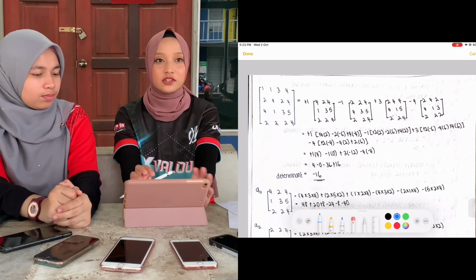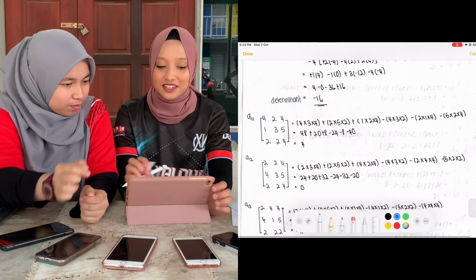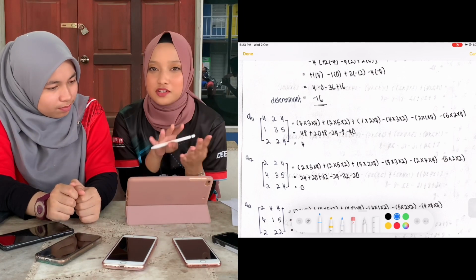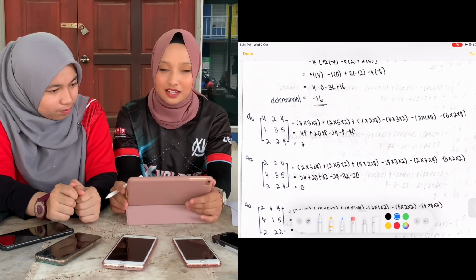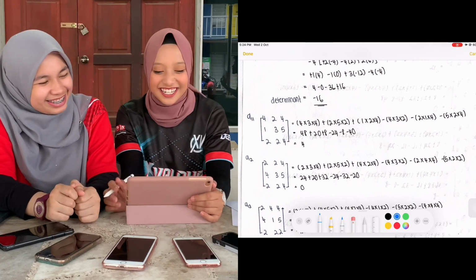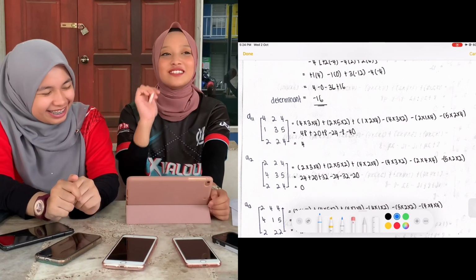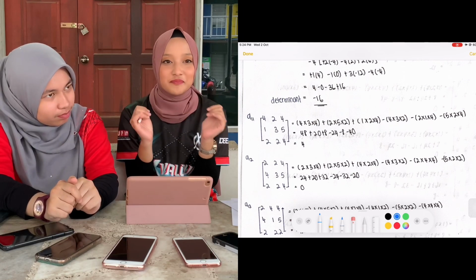After we have found the determinant, we have to find the cofactors. In these matrices, because we are doing 4x4 matrices, we have to find A11 until A44. It's a bit complicated, but you can do it. The first way to find A11 is to start from left to right.